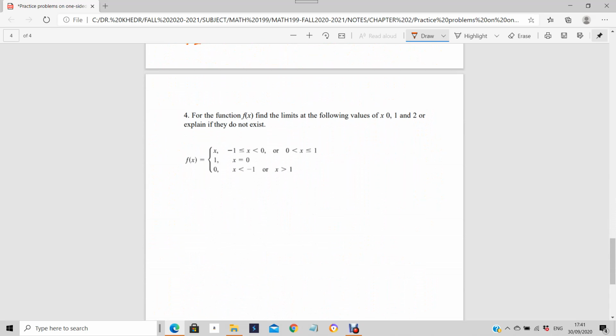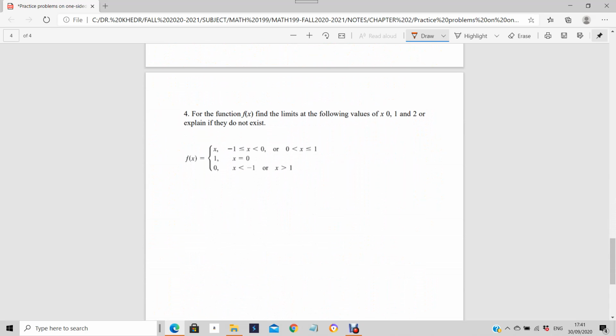There's one more question, question 4, with a different function, and we have to find the limits of the function. I will change these, okay? Find the limit of the function at x equals 0, at x equals 1, not 2, make this equivalent to minus 1.